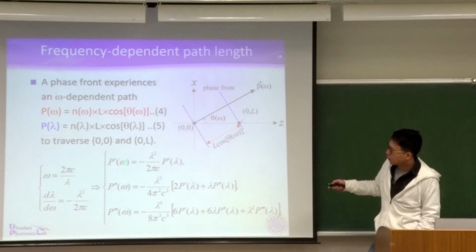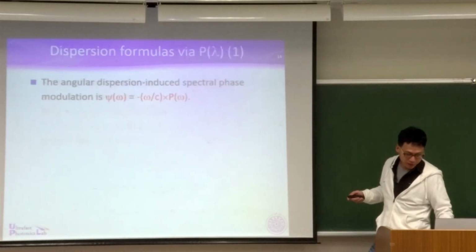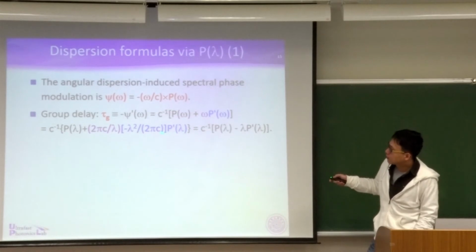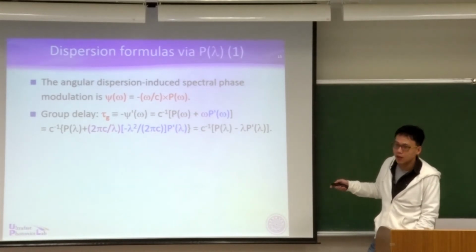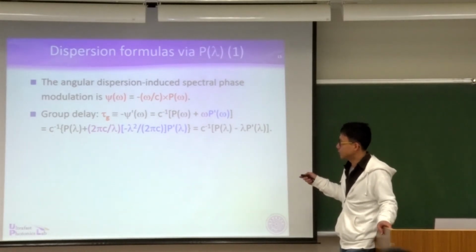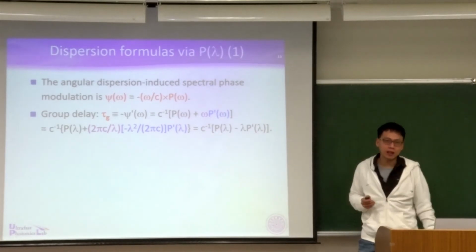P prime of omega is related to P prime of lambda in this way. Just use this formula. After that, you can simplify the terms. Eventually, the group delay formula is 1 over c times path length minus wavelength times path length derivative.